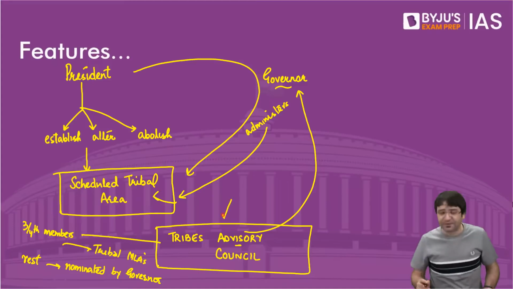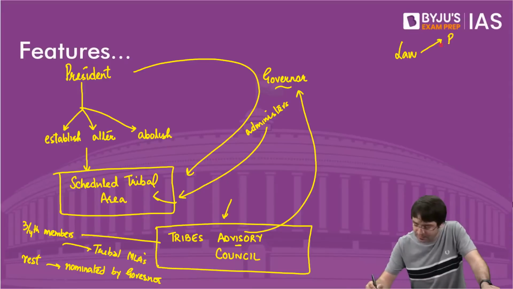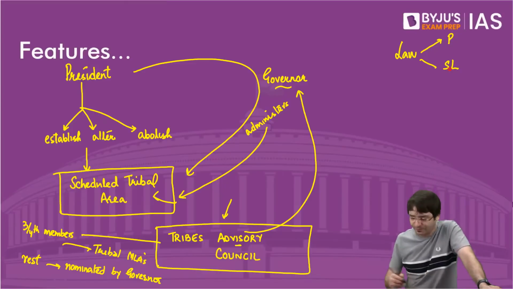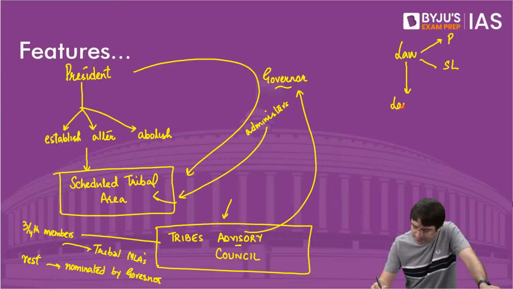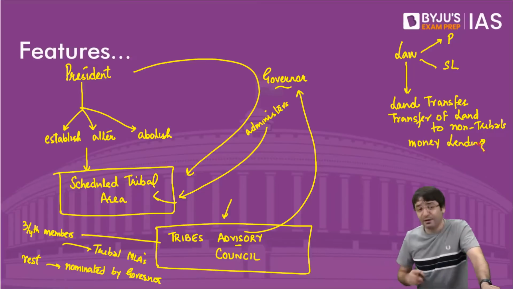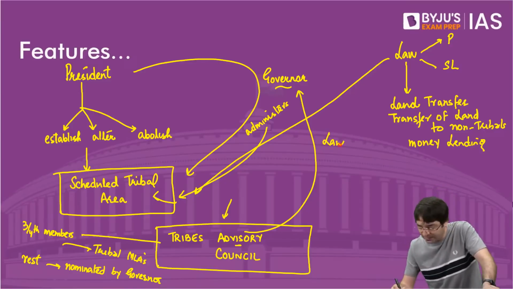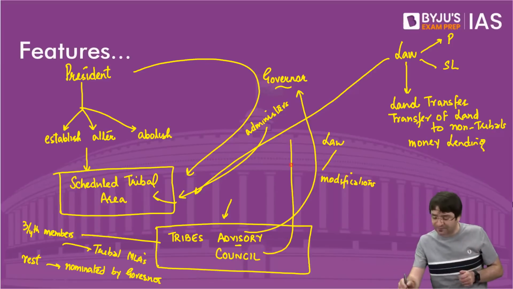That means the role of the Tribes Advisory Council is to advise the governor whether a law passed by parliament or a law passed by the state legislature, if this law talks about land transfer, if this law talks about transfer of land to non-tribals, if this law talks about money lending, whether this law will apply to this scheduled tribal area or not, or whether this law will apply with these modifications, that is something that will be advised to the governor by this Tribes Advisory Council.